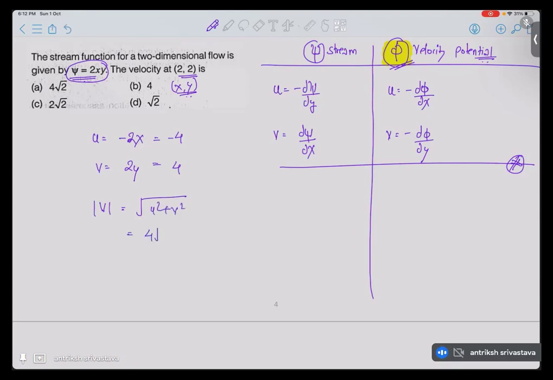That will be 4 root 2. So this is the answer. Simple enough question. But in the exam, sometimes we get confused about which one to use. So we have to remember only these kinds of things, or maybe the following points that I am about to say may help to distinguish between these two better, so let's see.